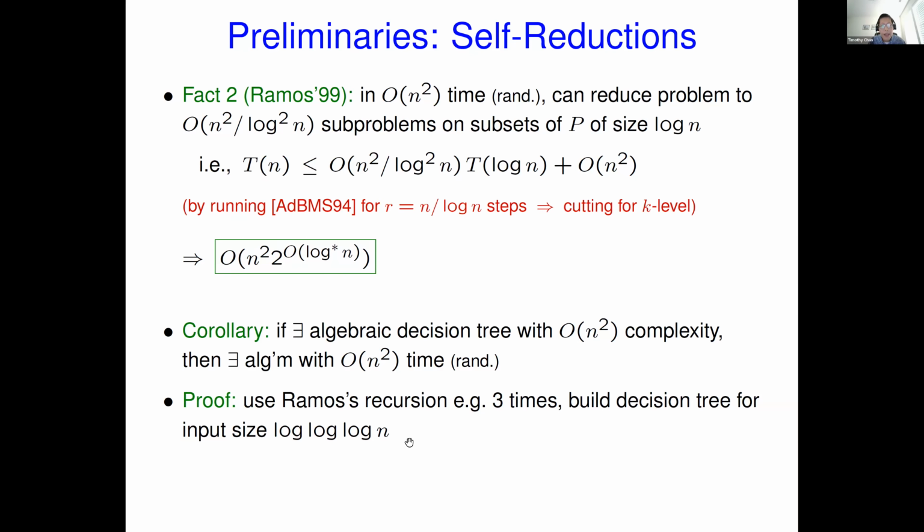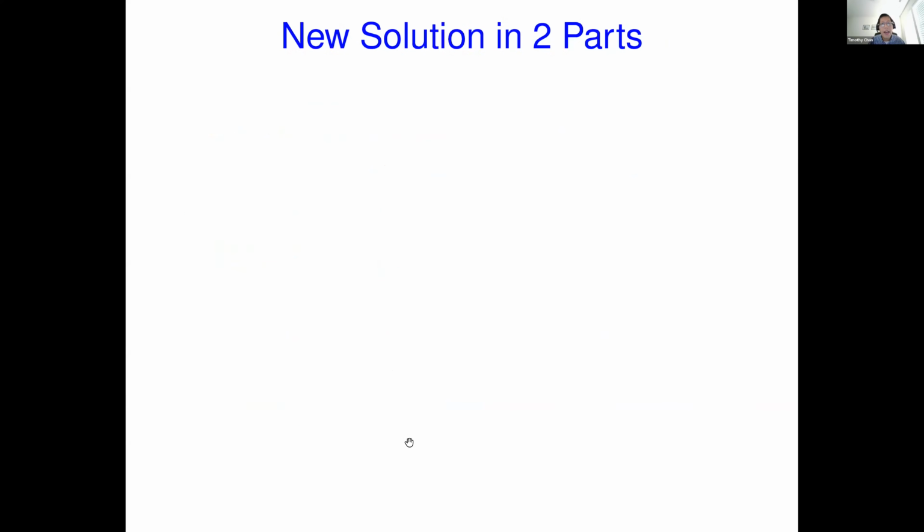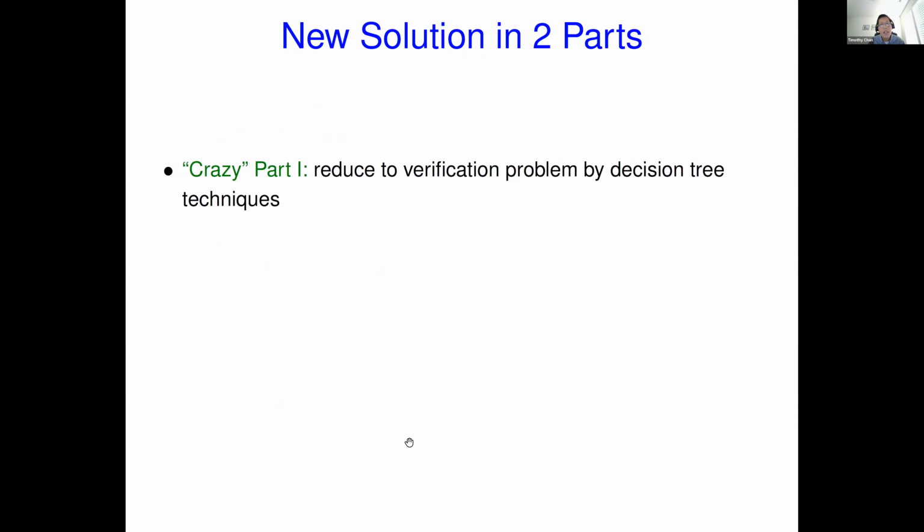All right, so in the rest of the talk, I'm going to describe the new solution, and it will be in 2 parts. In the first part, we're going to reduce the problem of constructing order K-Voronoi diagrams to verifying order K-Voronoi diagrams.